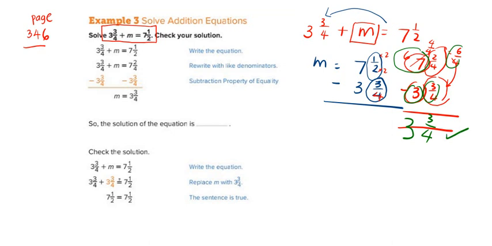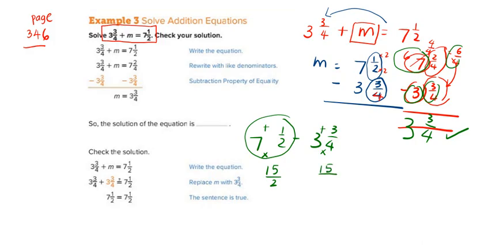Another way you could have done it is if you wanted to say 7.5 minus 3 and 3/4, all we're going to do is change these mixed numbers. Remember to multiply and add. So 7 times 2 is 14 plus 1 is 15/2. And here 3 times 4 is 12 plus 3 is 15, so we're going to get 15/4.